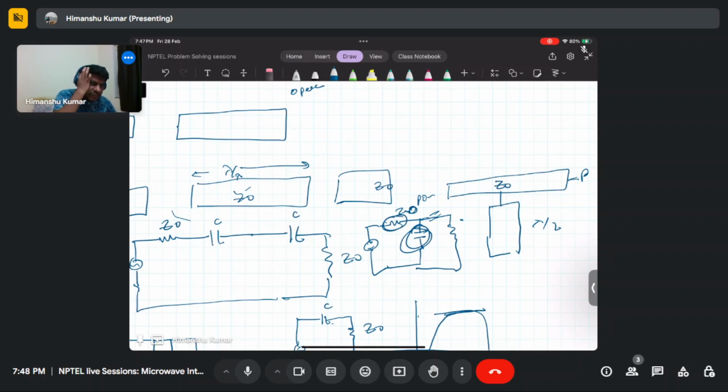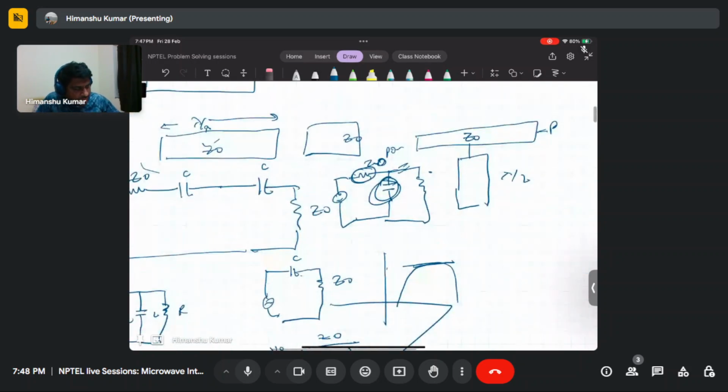So that's how these topologies are important. This is a lambda by 2 length line. If this line is open circuit, here it can behave as a short circuit also. Depending on lambda by 2 or lambda by 4, you can create a short circuit or open circuit line.